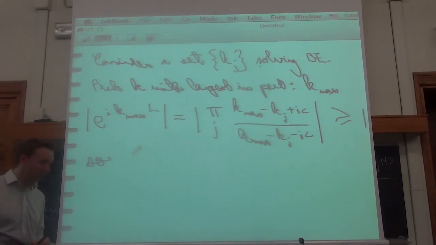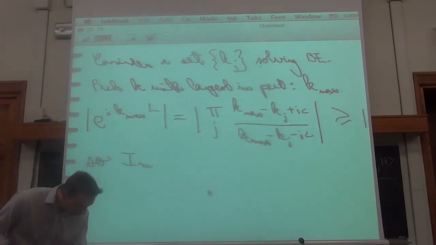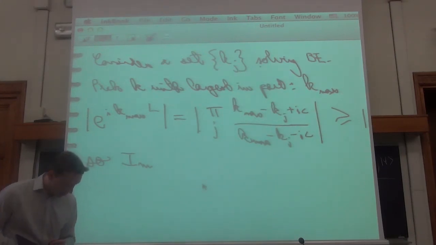So the imaginary part of k max has to be less than or equal to 0.